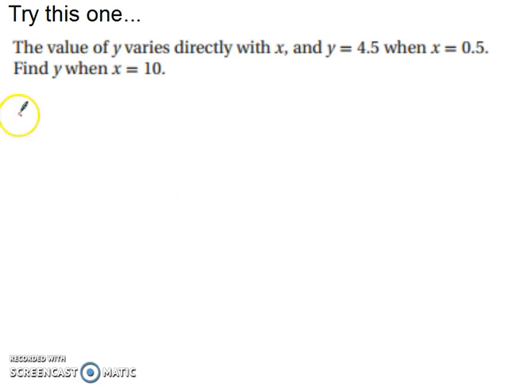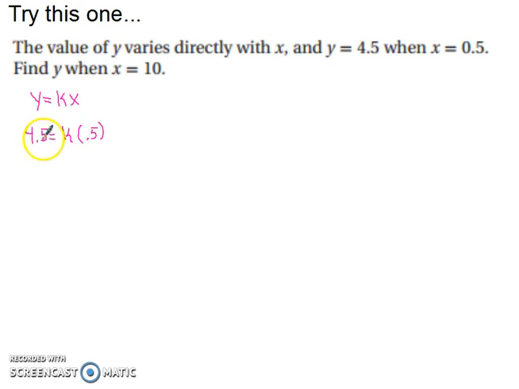Now that you've had a chance to try this next one on your own, let's go through both methods. So, we have y equals kx. We want to figure out what our constant is for our first method. So we have 4.5 equals k times 0.5. So to get k by itself, we need to divide both sides by 0.5.